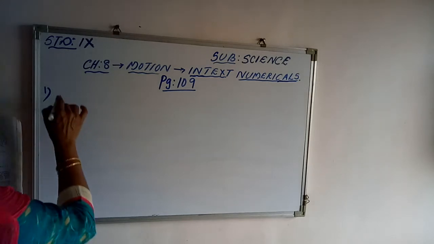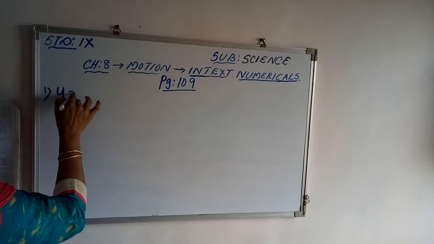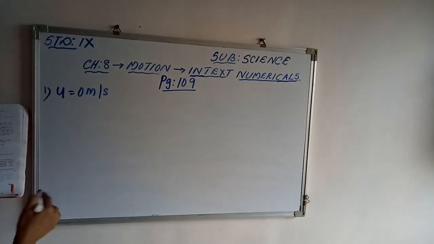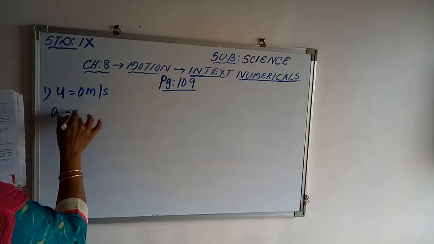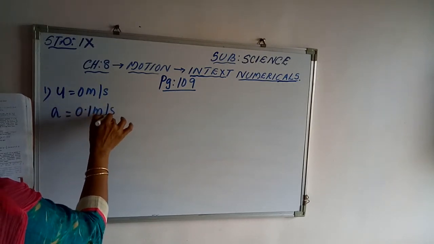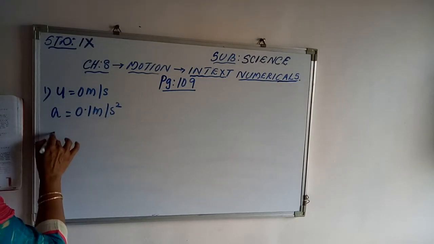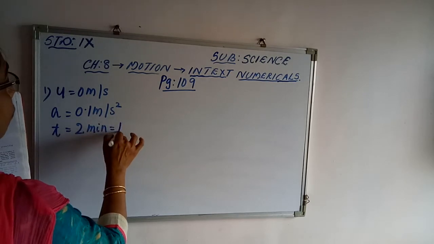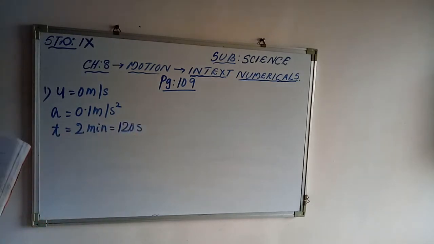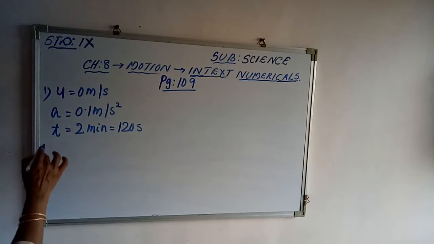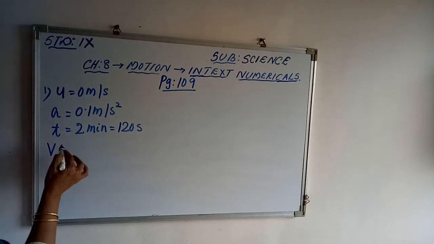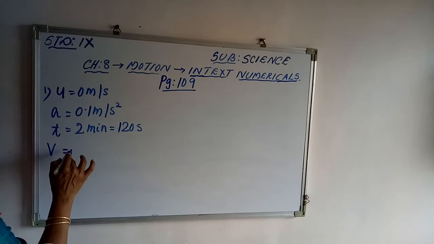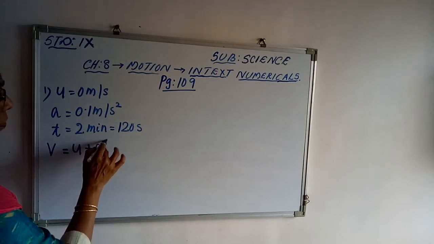So here, first you will write initial velocity u is equal to 0 meter per second. Then what is given? A is equal to 0.1 meter per second square. And then t is equal to 2 minutes. That's equal to 120 seconds. So first you have to find out the speed acquired. Speed acquired means the final speed. So using the first equation of motion, v is equal to u plus at.